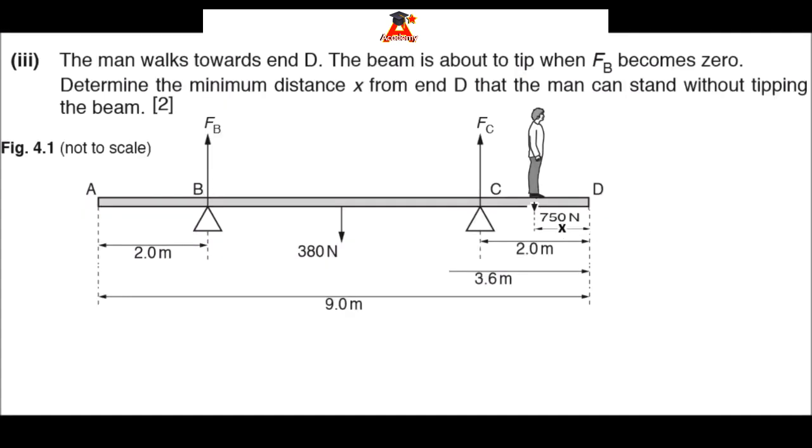Now we have this item 3. We are being asked to find the distance x that the man can stand as close to D as possible without tipping the beam. One condition given in the question is that when FB becomes 0, the beam is about to tip.